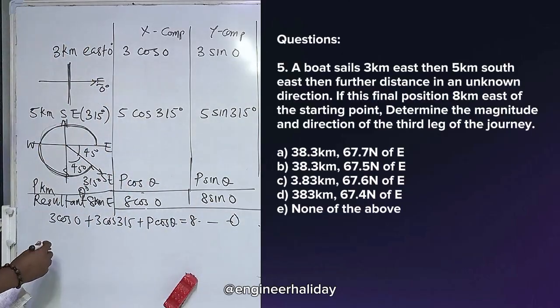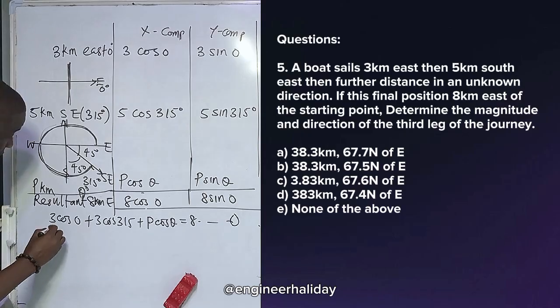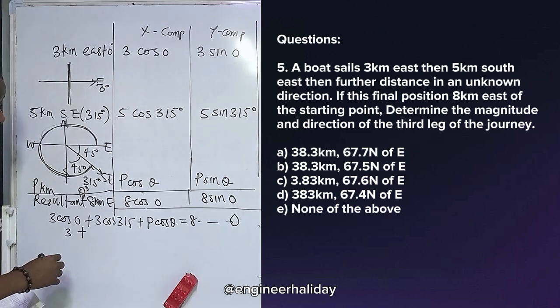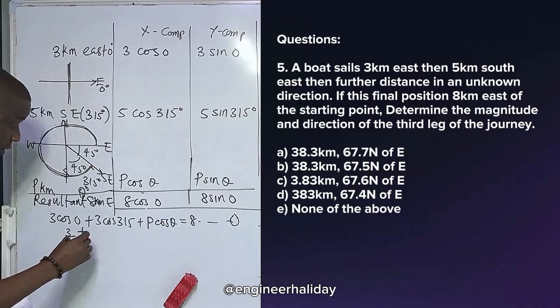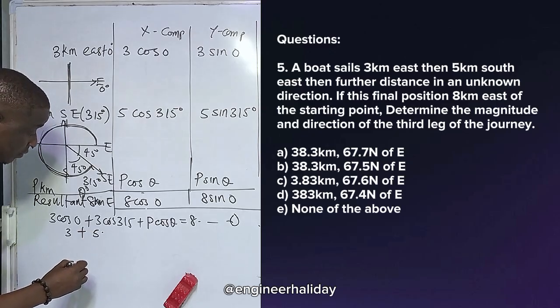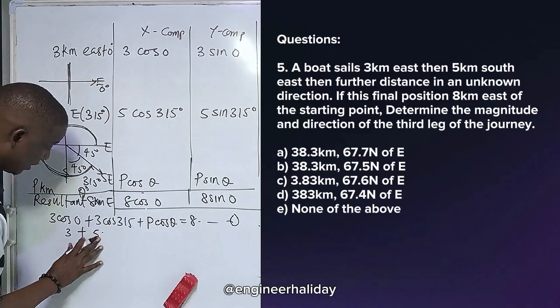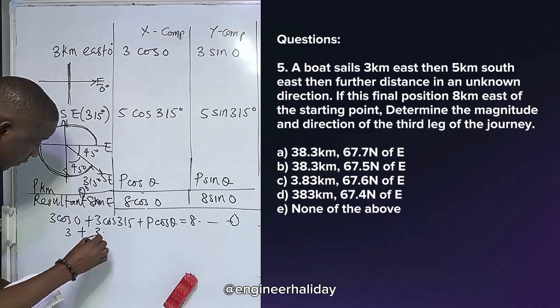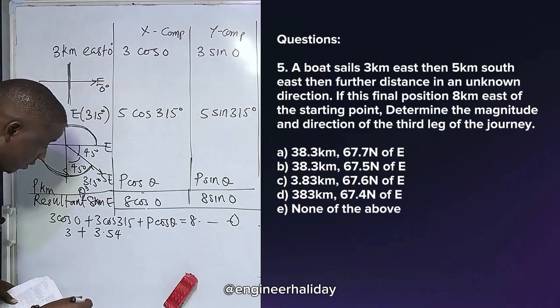Now, the second one. What will this one be? 3 plus 5 cos 315 degrees is what? Quickly. 3.5355. Don't approximate, please.